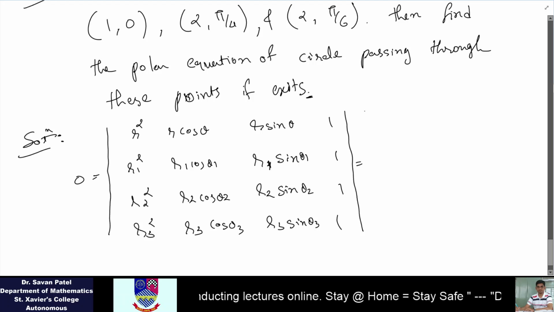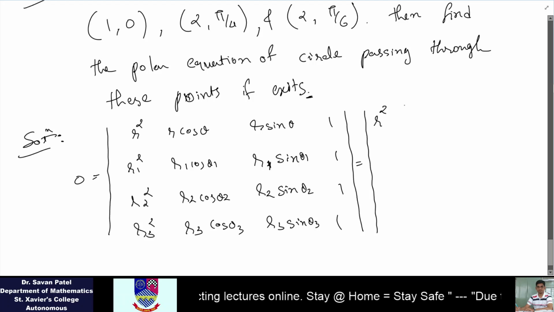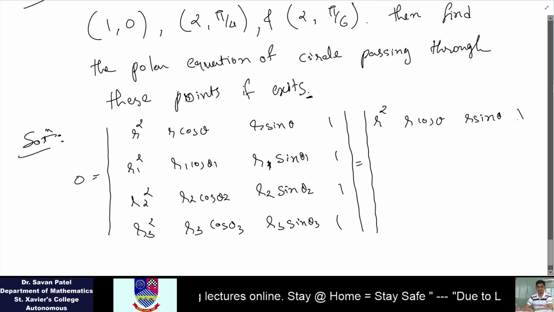So let me write here r square, r cos theta, r sin theta, 1.